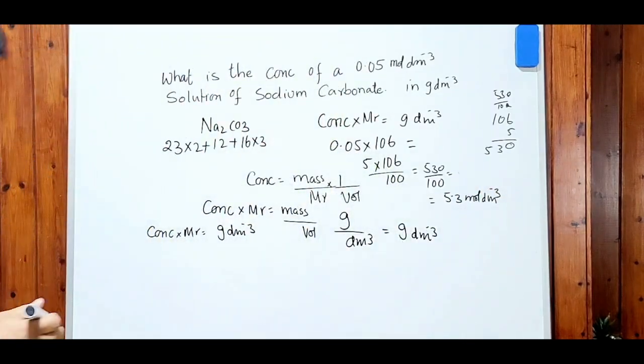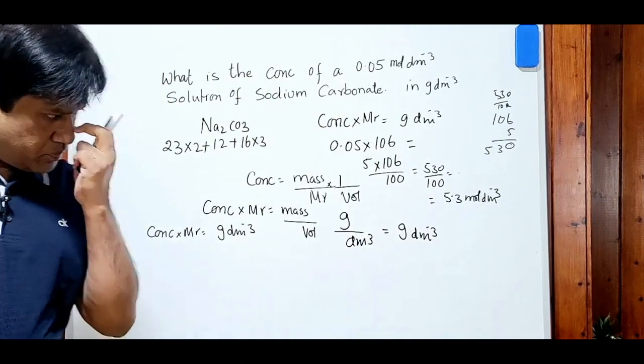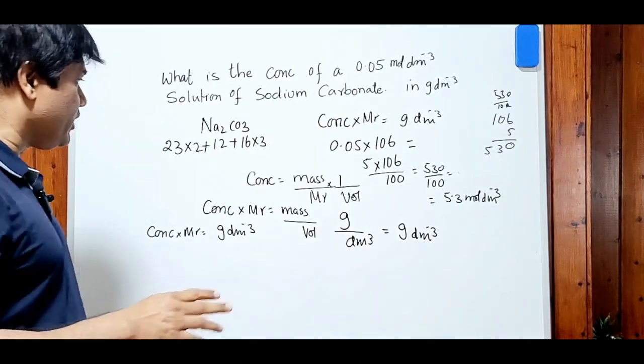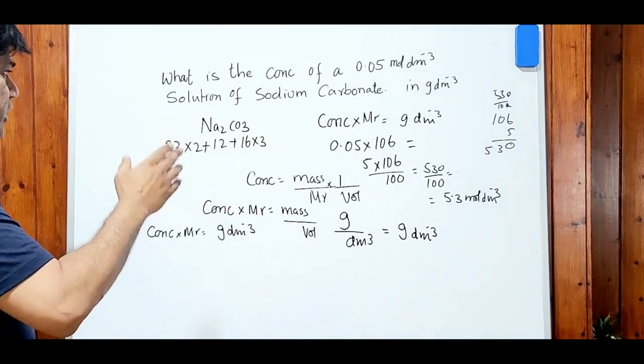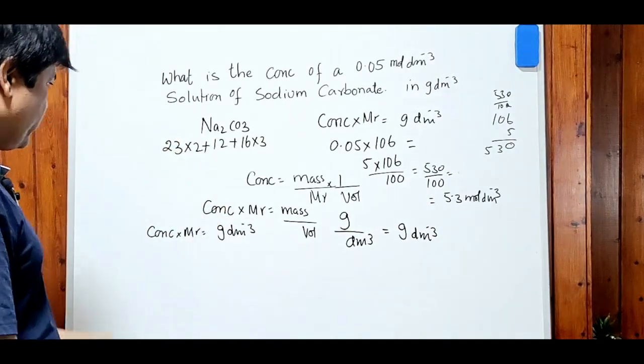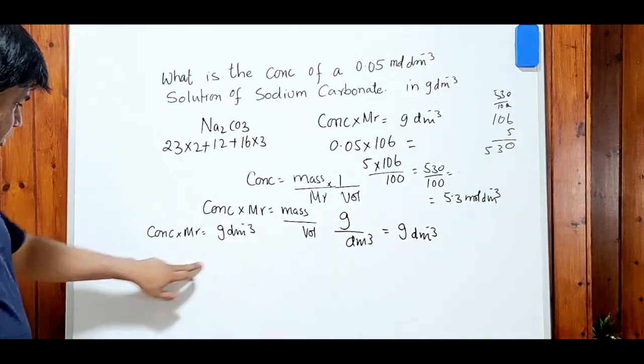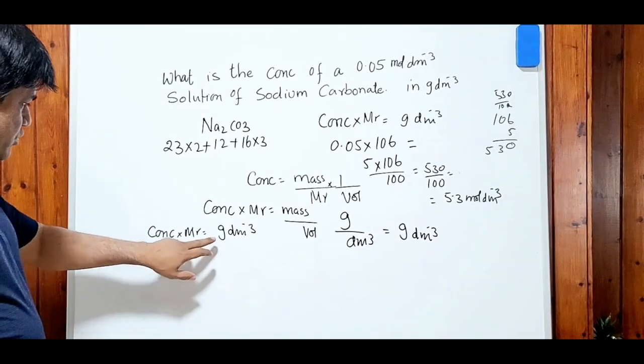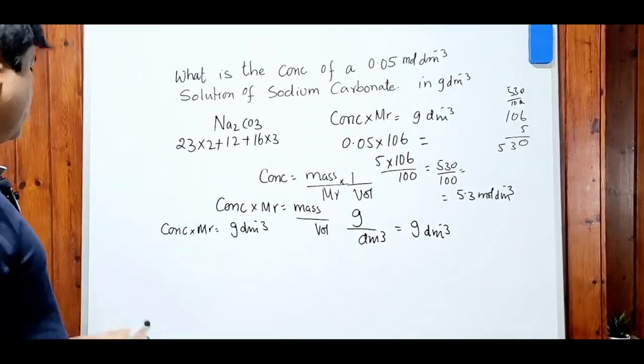Is that okay? Yeah, we will do one more question. So you can change anything from mole dm cube to gram dm cube. The conversion factor is conc times Mr equals gram per dm cube.